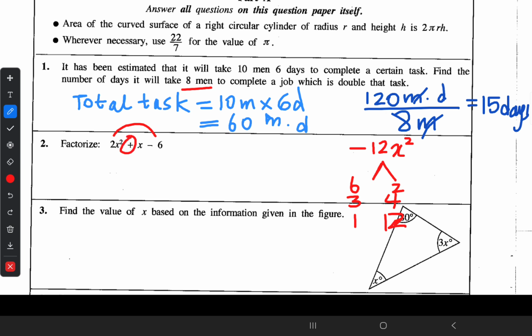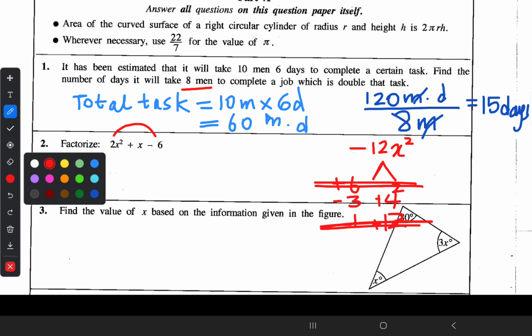If the middle member has a positive sign, we have to give positive to the higher number in each multiplication pair. Since the multiplicand is negative, the lower number should have a negative quantity. 6 minus 2 cannot be 1, so we can omit this one. 12 minus 1 is 11, so that one also does not satisfy the condition of positive 1x. So here, positive 4 and negative 3. 4 minus 3 would be positive 1. So we got the suitable multiplication pair.